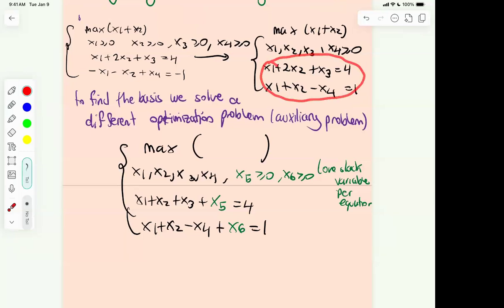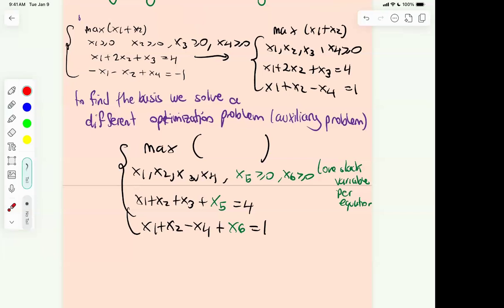If you had a solution to the original system of equations, what would be the value of x5 and x6? What would you say? It would be zero, right? Each one individually is zero.